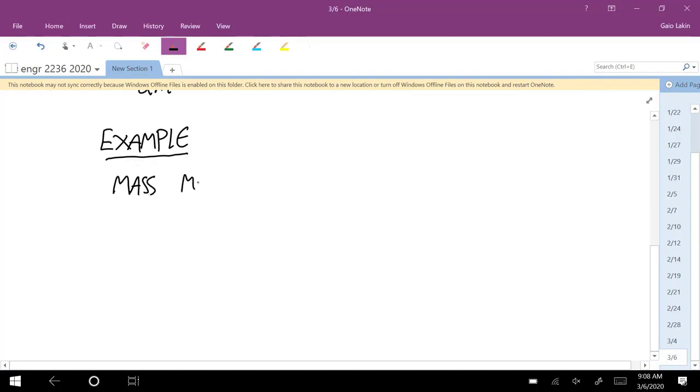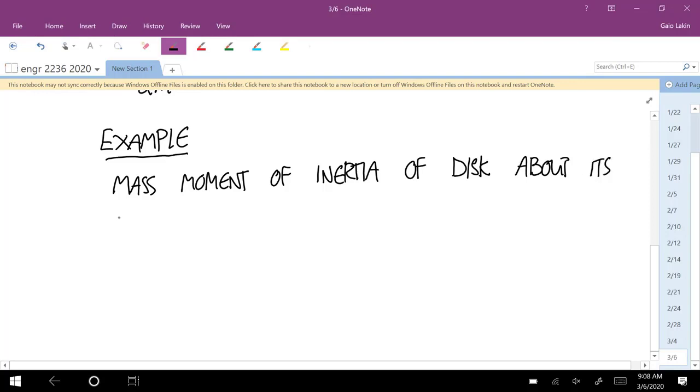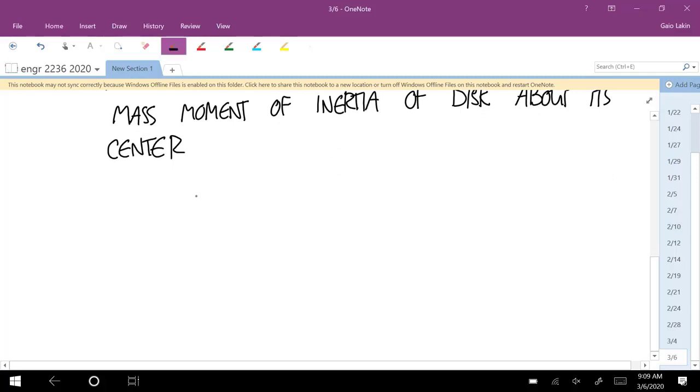So I'm going to do the mass moment of inertia of a disk about its center. But I want you to notice a couple things about a disk, because this is going to be an important thing to keep straight. So a disk, okay, so let me draw this sort of from the side, okay?